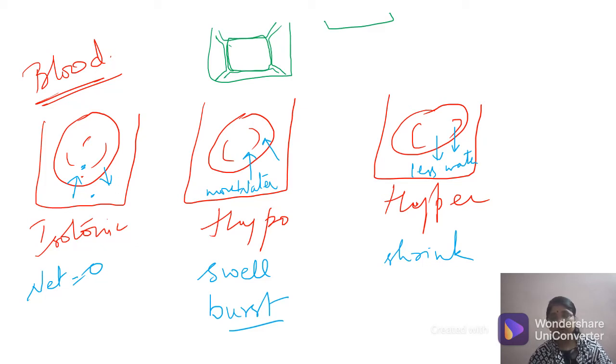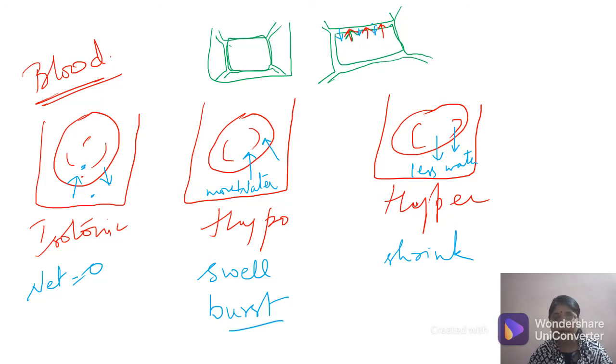Now inside this membrane, if the content is increasing, the water is increasing, then what is happening? This membrane is putting pressure on the wall, isn't it? And in turn, your wall is putting pressure on the membrane.